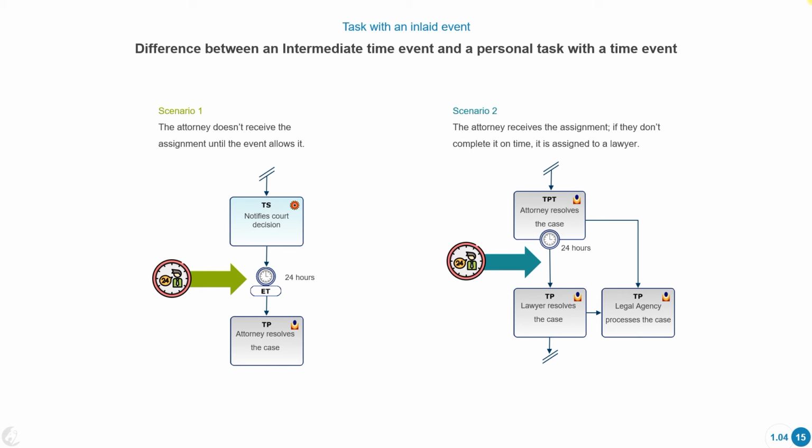Now here we're going to see a difference between an intermediate time event and a personal task with a time event. We already saw the intermediate time events. Okay, so we already know how they work. Basically, the flow stops until a certain moment in time. And now we're going to see the difference between using a TPT and using this ET here.